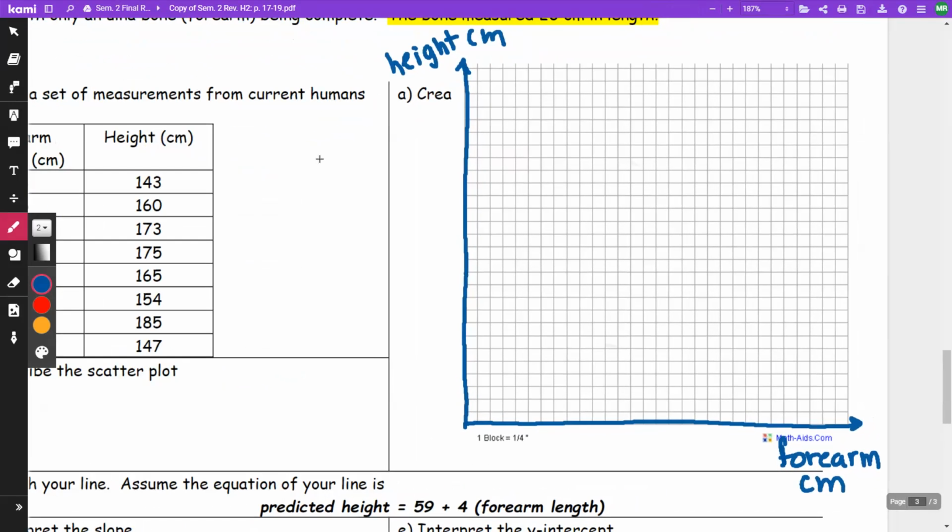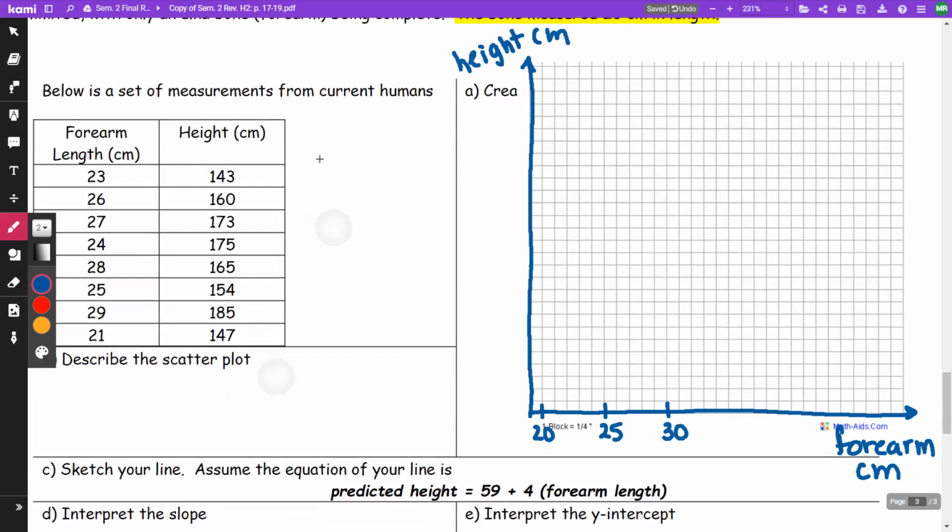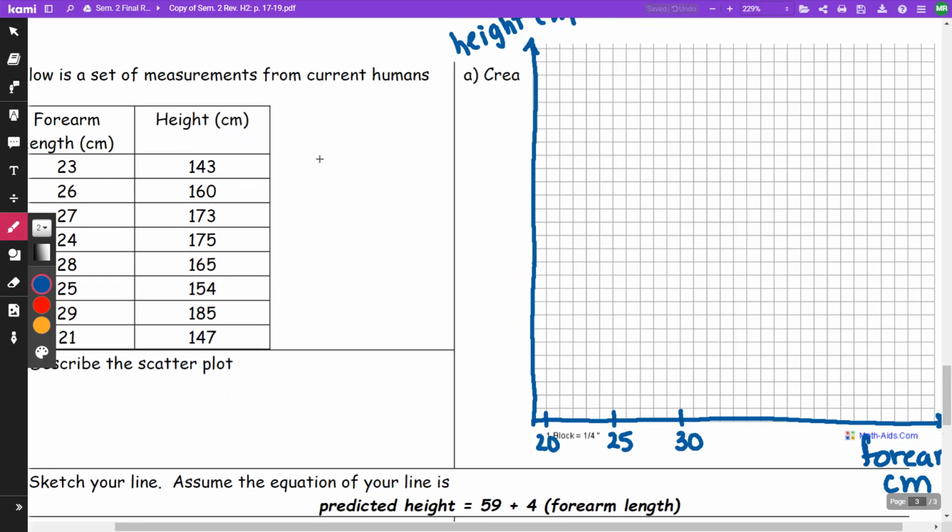I can go by ones on my x-axis. Let's start at 20. So let's say that this is 20. So 1, 2, 3, 4, 5, 25. 1, 2, 3, 4, 5, 30. Then on my y-axis, it's looking like the minimum is 143 and my maximum is 185.